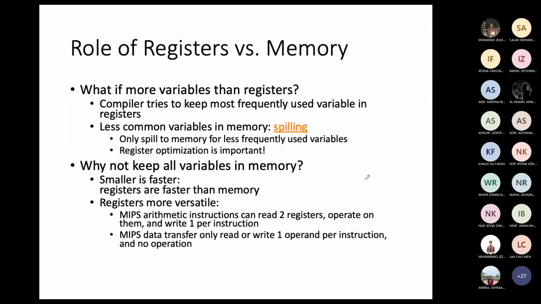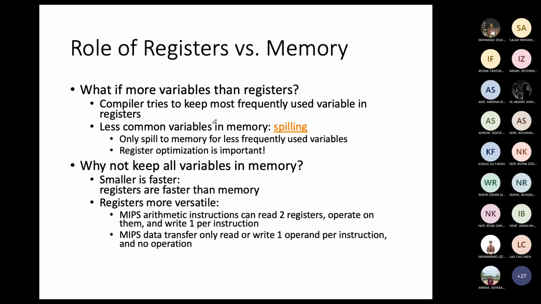So what if there are more variables than registers? Let's say in your C++ you have declared more variables. The compiler will try to keep the most frequently used variables in the registers. Less common variables would be placed in memory or replaced.